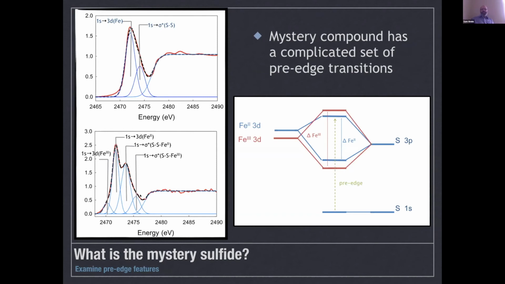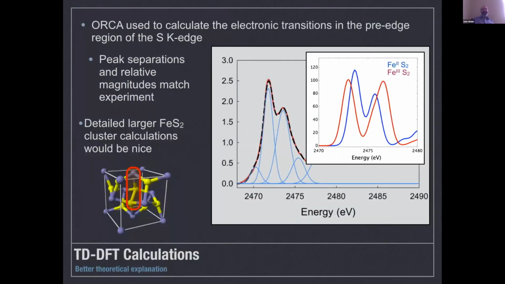So we wanted to confirm this thought, and we did some preliminary DFT, or time-dependent DFT, calculations with Orca, with a very simple 2 or 3 atom cluster. The calculations show that the peak separations are the right magnitude, and the two pre-edge features are about in the right location as well.